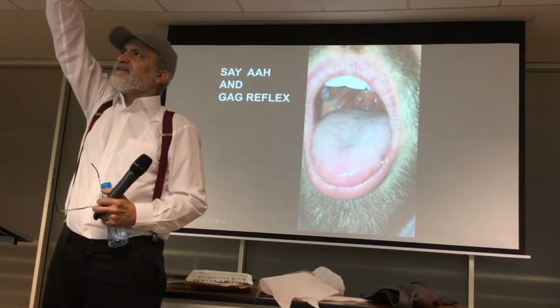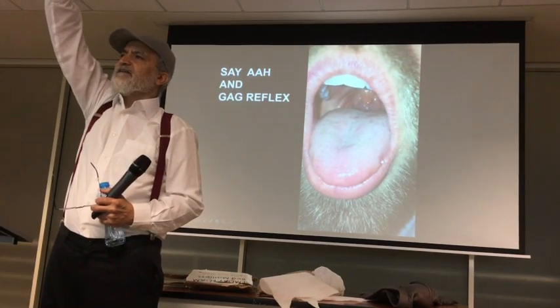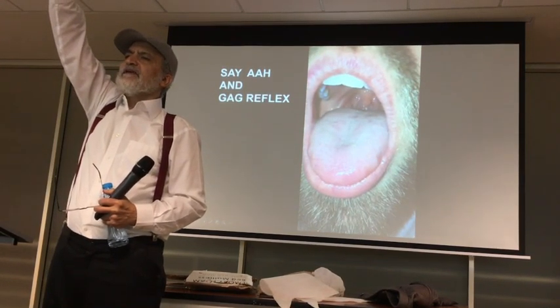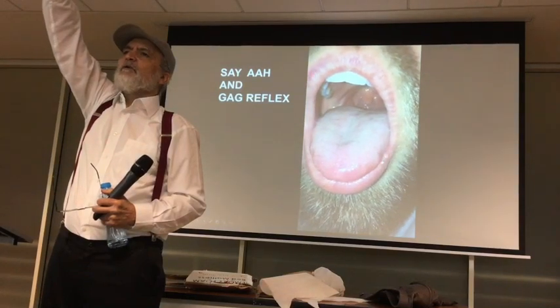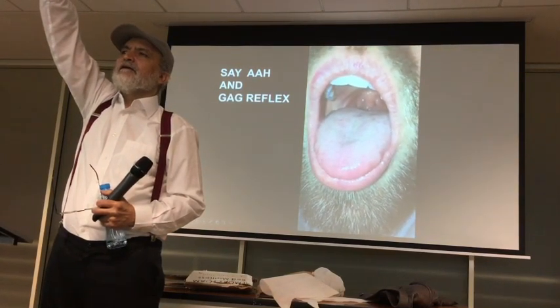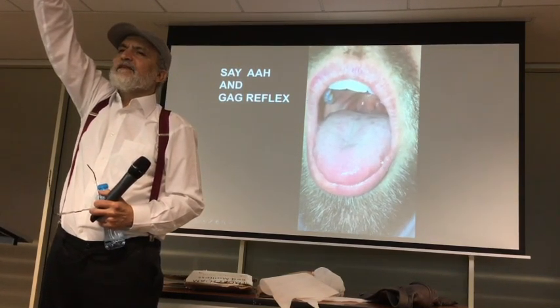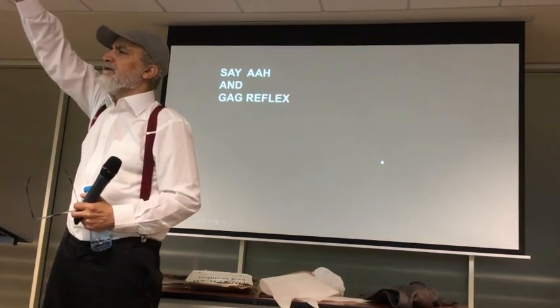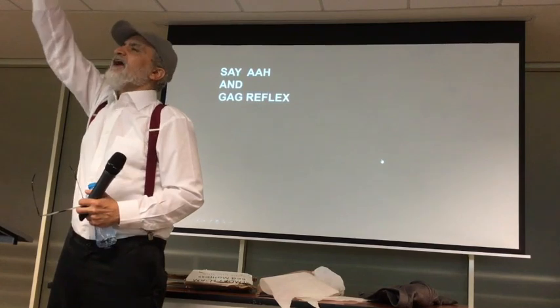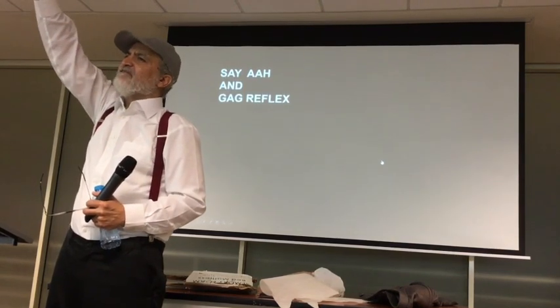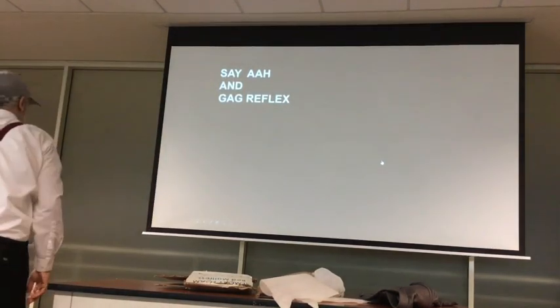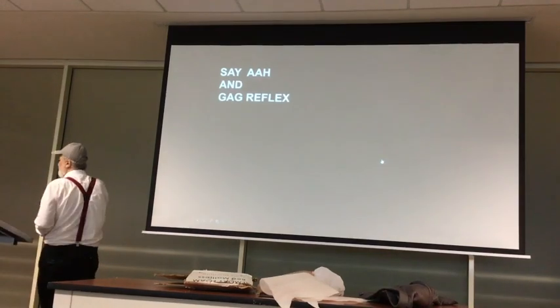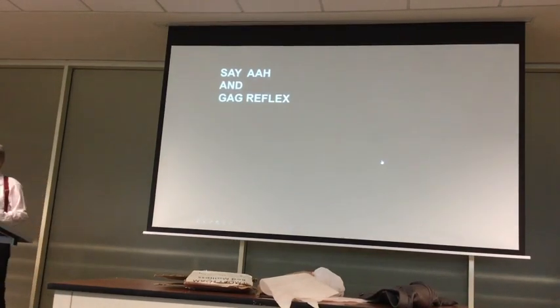Suppose the uvula went like this to the right. What's wrong with this? Which vagus is affected? If he goes to the right, which vagus is affected? The left. What do we call this? Asymmetry.